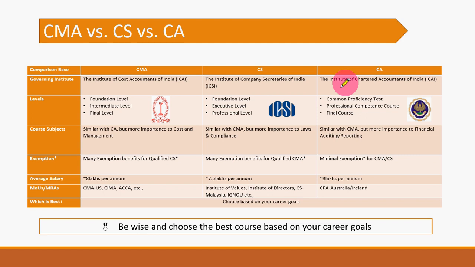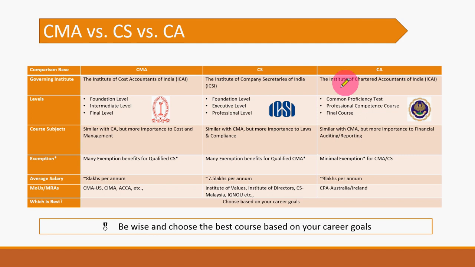Since laws and compliance are very important aspects of CS, they give more importance to these two parts. Coming to CA, the Chartered Accountancy course gives more importance to financial auditing, reporting, and some of the statutory things which are allocated specifically to chartered accountants.